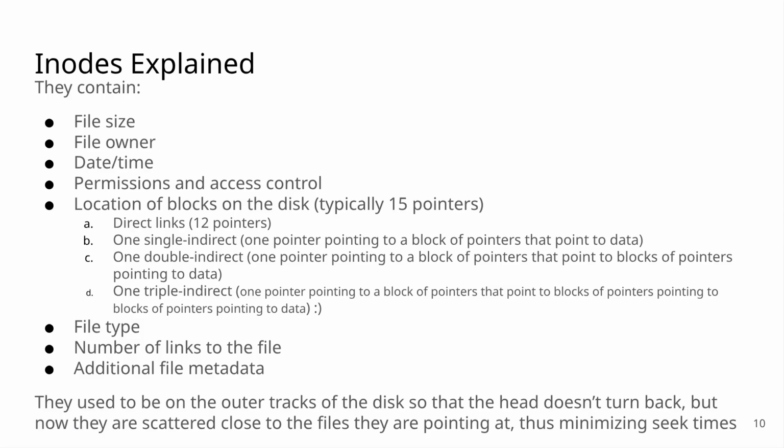So if a file with a 512 byte block size is smaller than 6 kilobytes in this setting, then it can fit completely in these direct links. So we wouldn't touch anything below here. But if a file is bigger, and usually they are, right? After these 12 pointers to direct blocks, we have a single indirect.